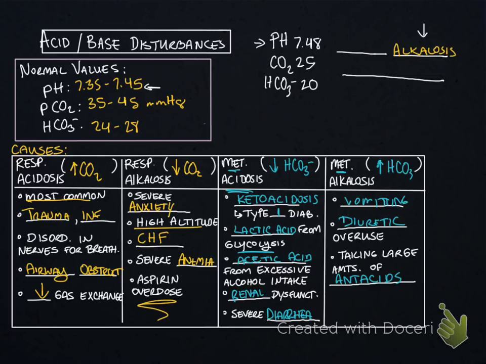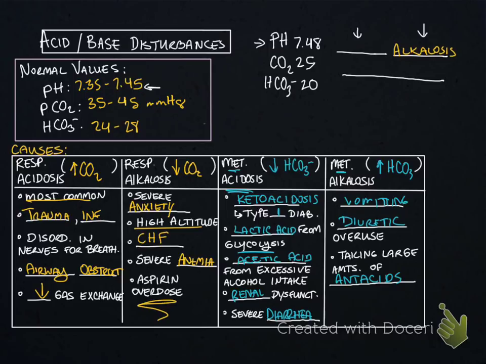It's half of it. Now we want to talk about this blank. We need to determine if it is respiratory or if it is metabolic. You follow? The very next thing you look at is the CO2. Don't even look at your bicarbonate yet. I don't care about that right now. Okay?